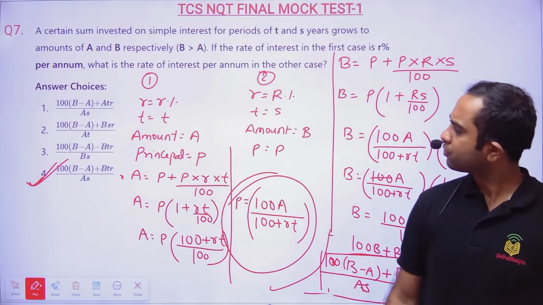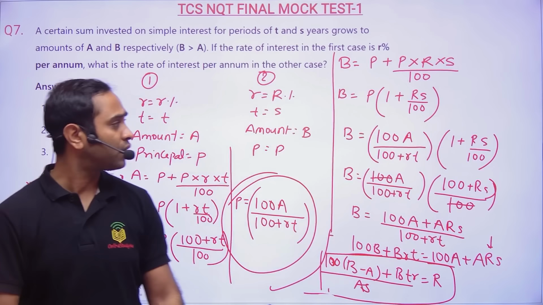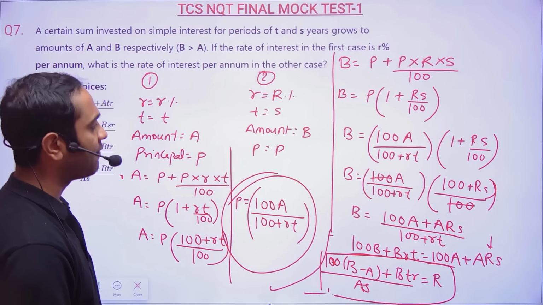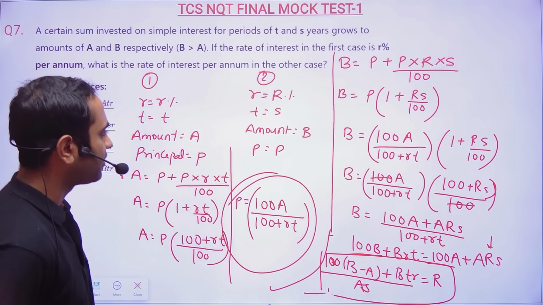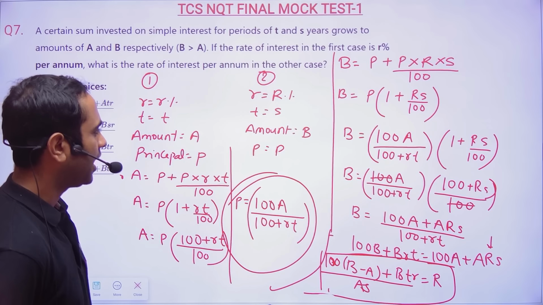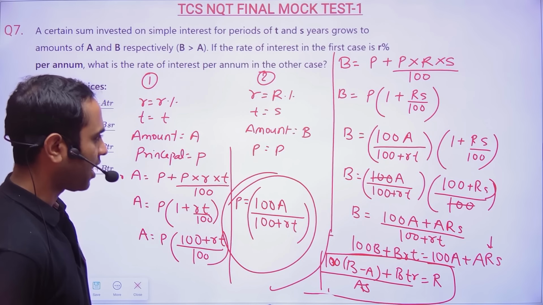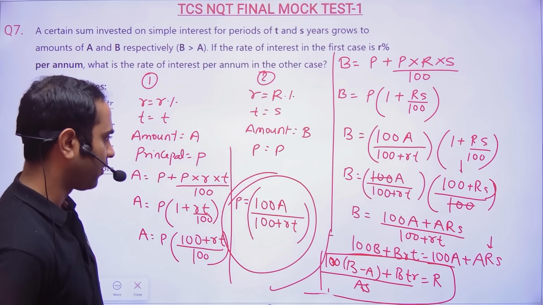So I hope there is no calculation mistake. If there is any calculation mistake, please check it later and update me. I will also put it in the comment section, but I don't think there is any mistake. Okay, 100 cancelled, and 100 plus RS, we have taken the LCM here, 100 plus RT, so BRT will for sure come.